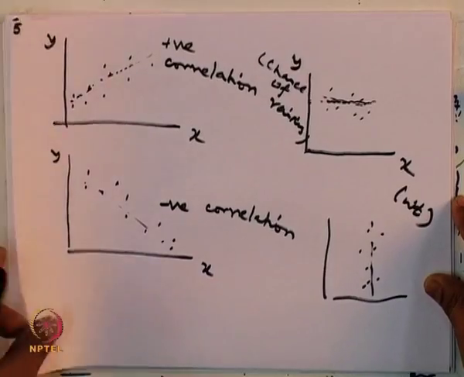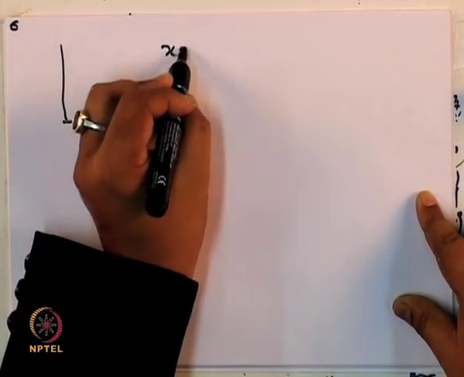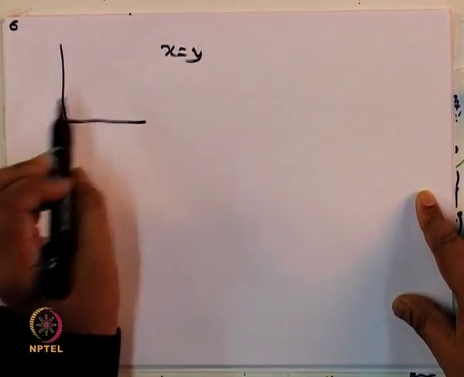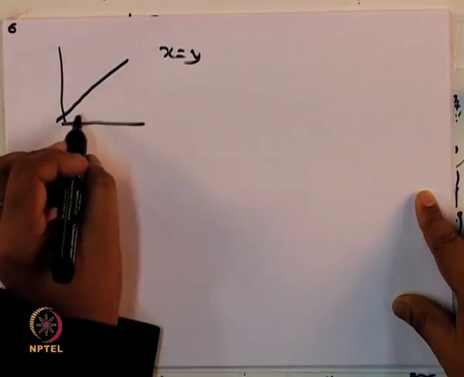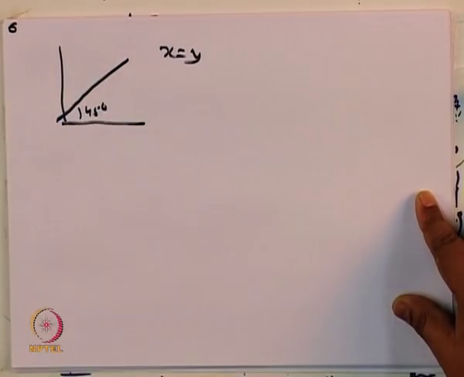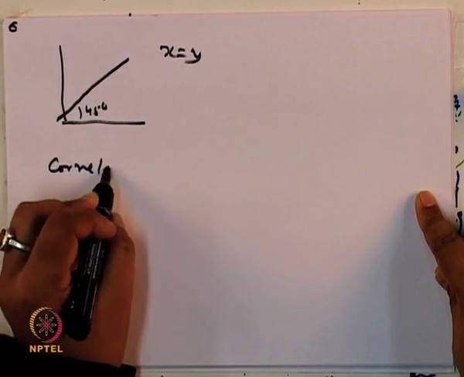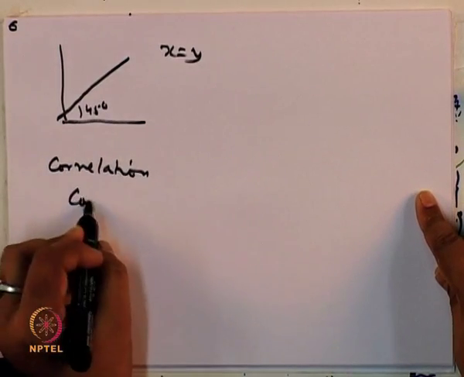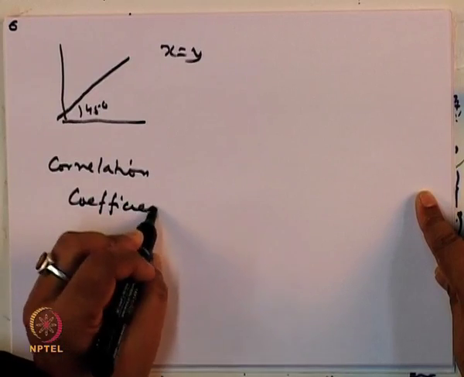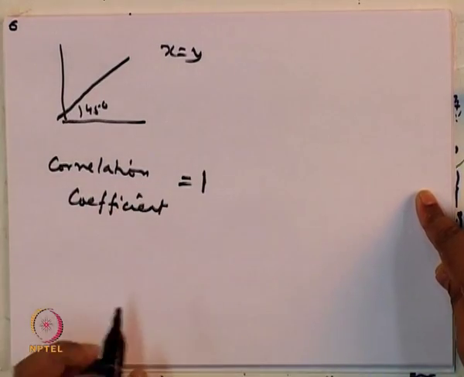Okay. So the mathematical basis for calculating correlation and regression. Let us say, in the case of x equal to y, you have a function which we know will be a 45-degree line passing through the origin. In this case, you will come up with something called a correlation coefficient, which will come out to be 1.